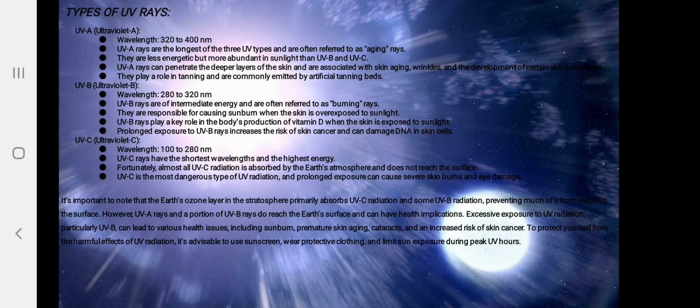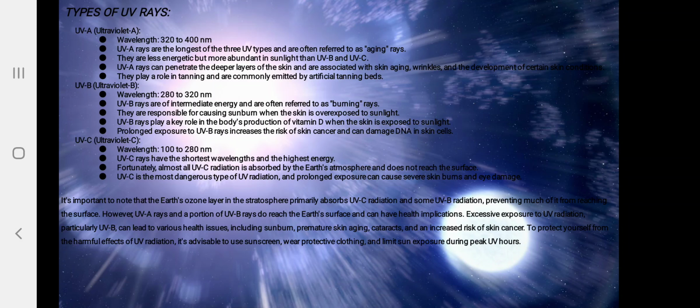Basically they harm us with skin diseases, and they play a role in tanning our skin. Then UVB, its wavelength is 280 to 320 nanometers. They are the burning rays, since they burn the skin, and they increase the risk of skin cancer and damage of DNA in the skin.